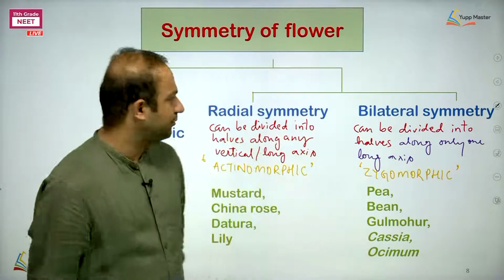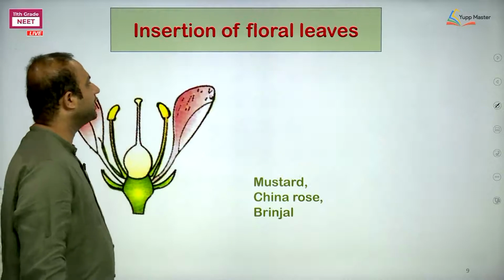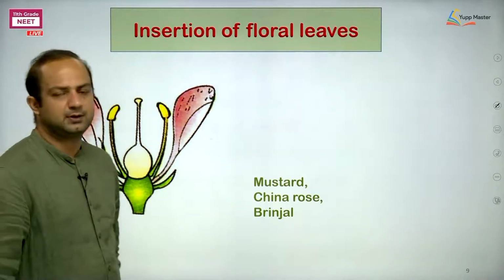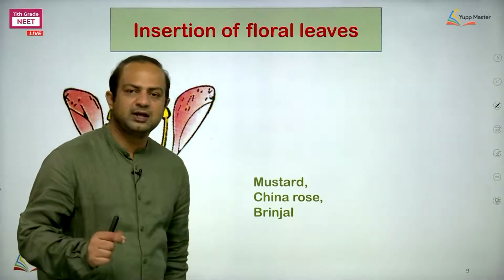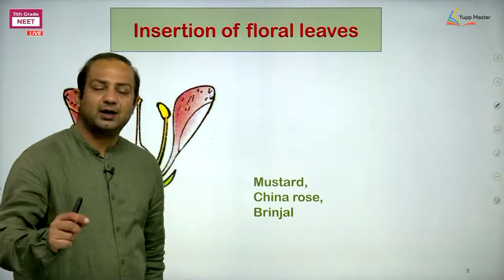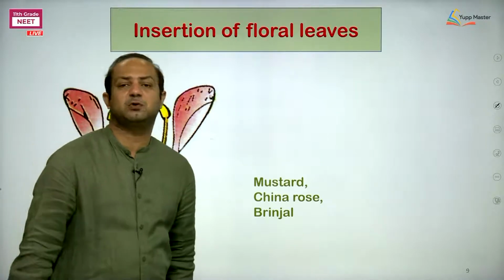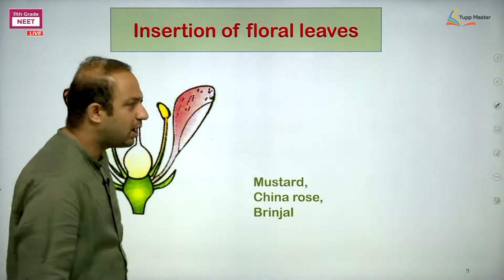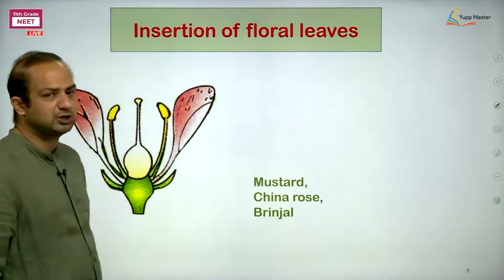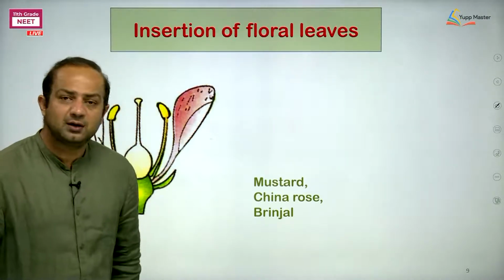Fine. So here we are moving to the next topic, insertion of floral leaves. How are the floral leaves arising on the thalamus? Androecium, gynoecium, petals, sepals, all of them are considered floral leaves. But how are they present with respect to each other? We are going to consider them with respect to the ovary, means the gynoecium.